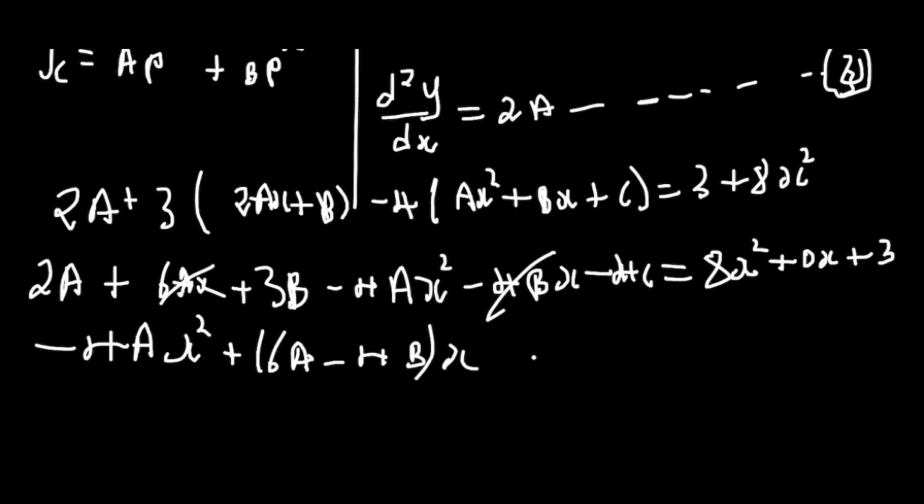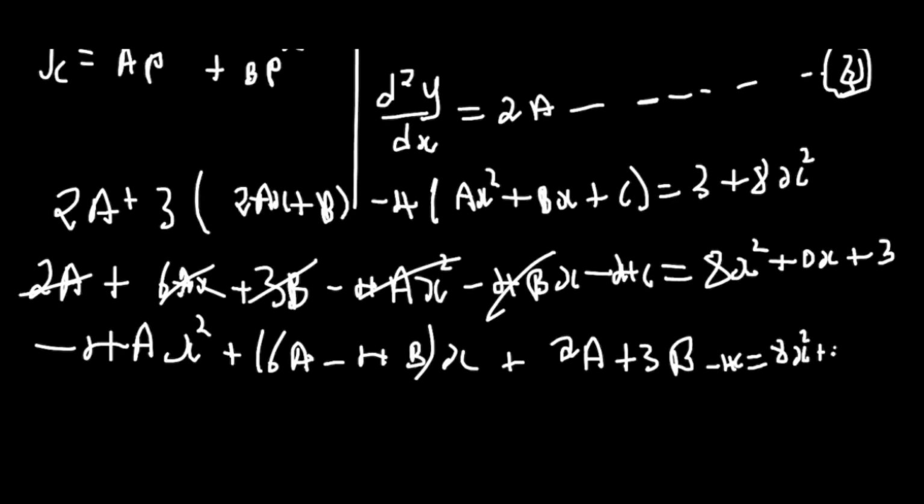Now the constant terms will be 2a plus 3b, minus 4c, equal to 8x squared plus 0x plus 3.